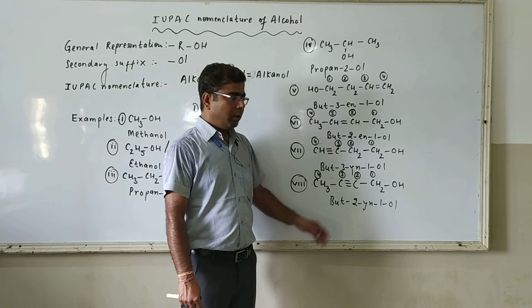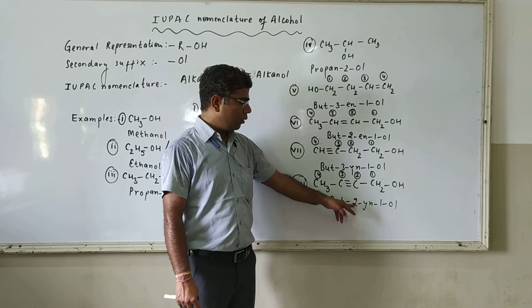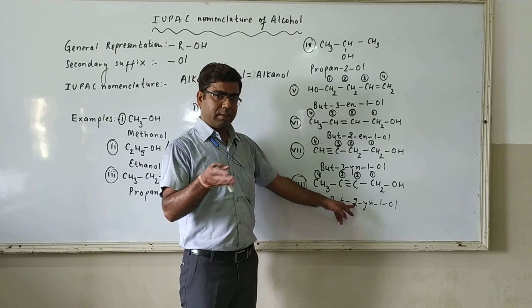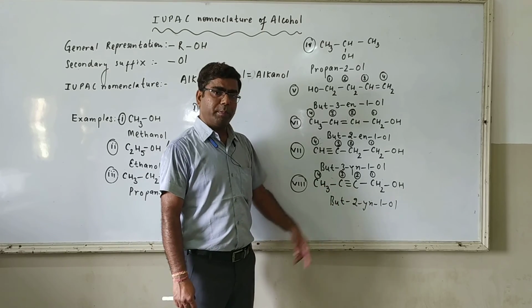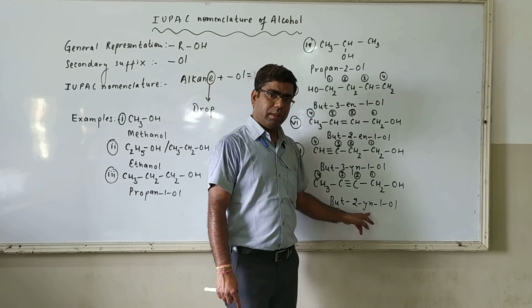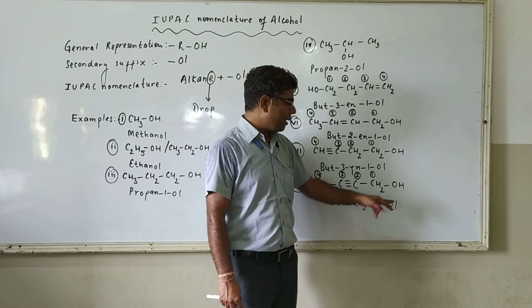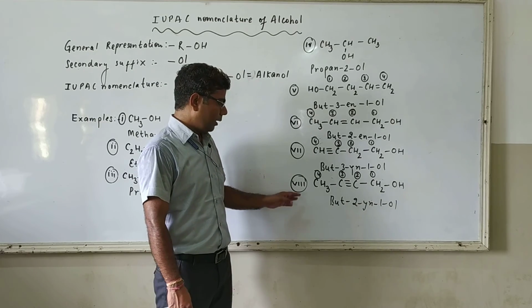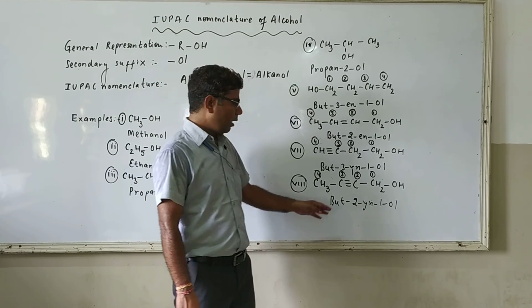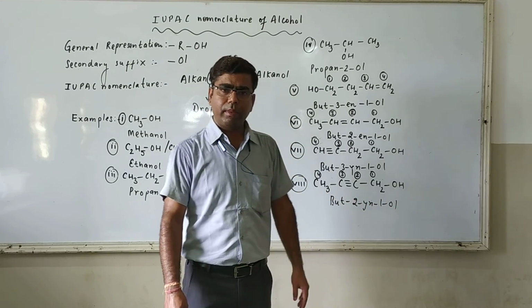The triple bond is located between 2 and 3, so here 2 is the position of the triple bond. Then for the triple bond, the primary suffix used will be "yne". Then the OH group with the position, the OH group is located on carbon number 1, so it will be 1-ol. So compound number 8 is named as but-2-yn-1-ol.